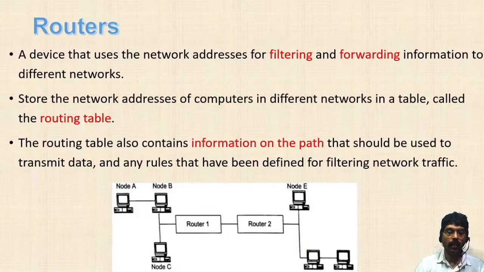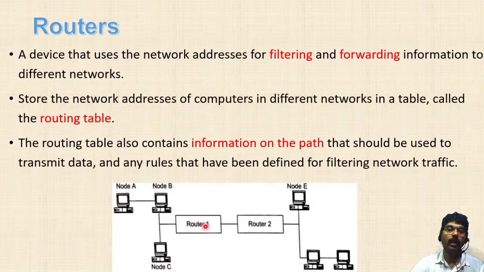These devices are actually used for connecting local area networks, a single network. But routers are actually used for connecting your computer to another computer which is located far away, not within your network.